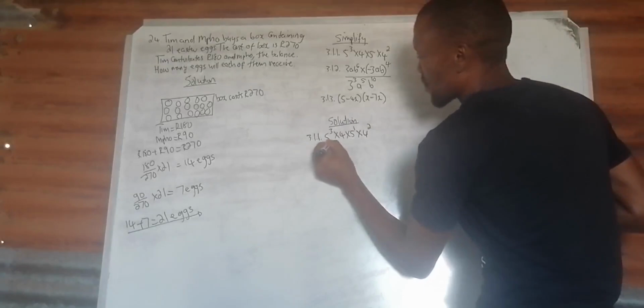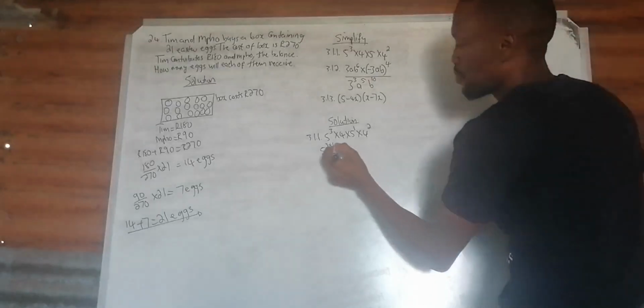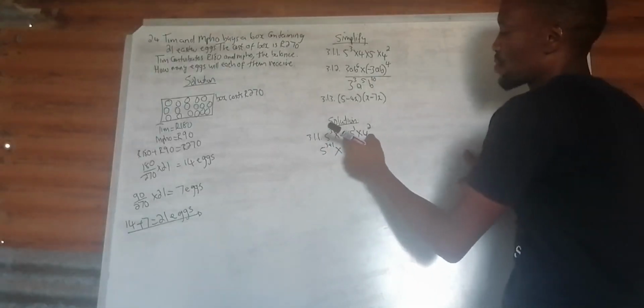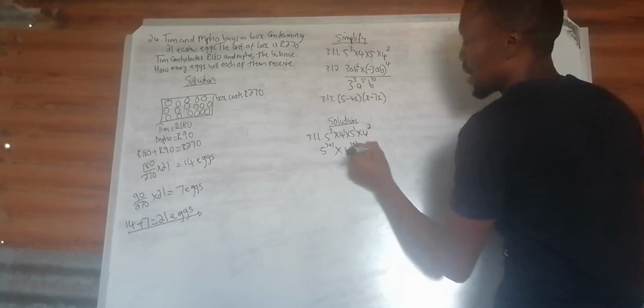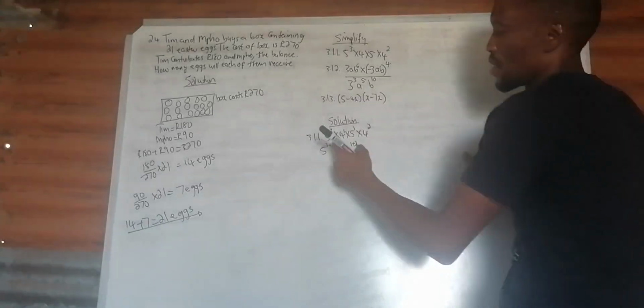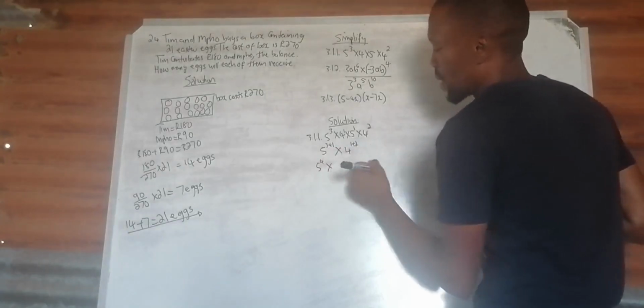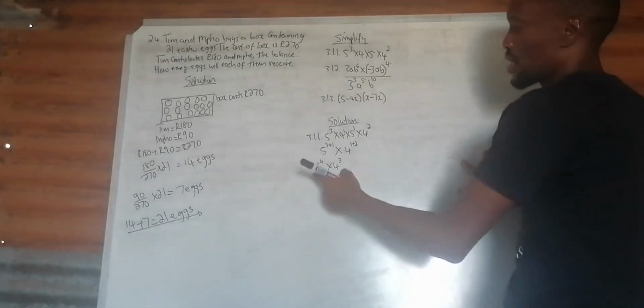For 5: 3 plus 1. For 4: 1 plus 2. 3 plus 1 is 4, 1 plus 2 is 3. And then this becomes your answer.